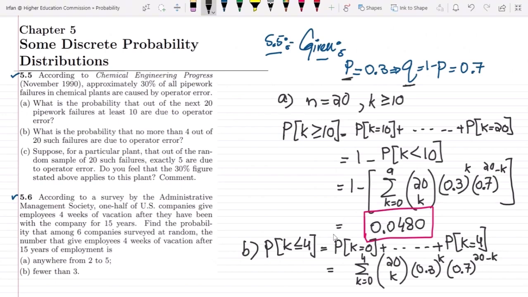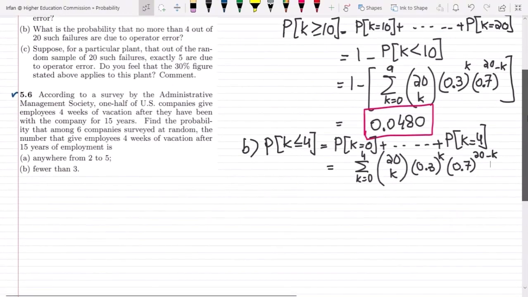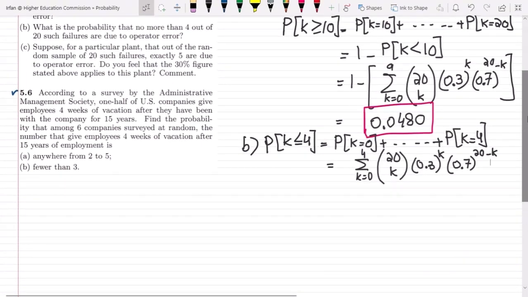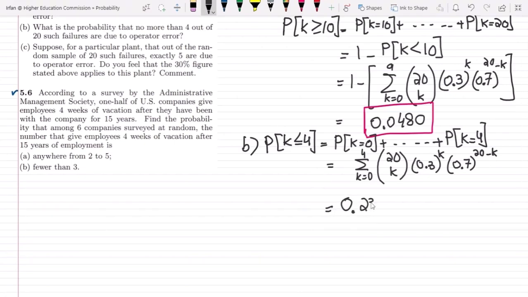After putting all the values of k here, what will we get? The answer of it will be 0.2375. So that is the solution of part B of my question.